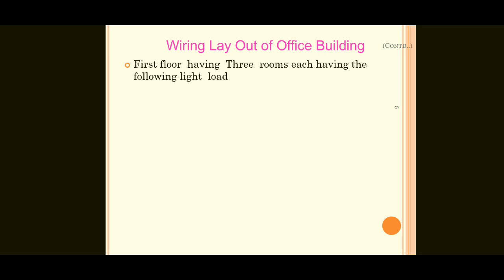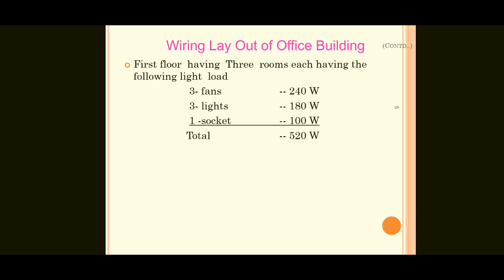The first floor has 3 rooms, each having the following light load: 3 fans, 240 watts, 3 lights, 180 watts, 1 socket, 100 watts. Total 520 watts.